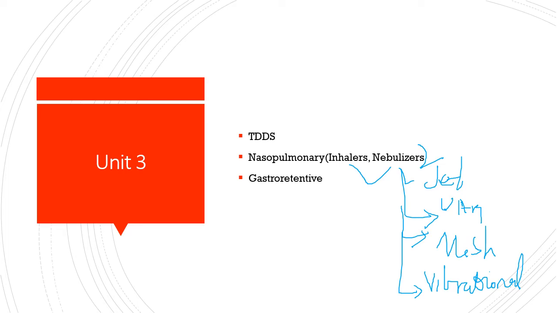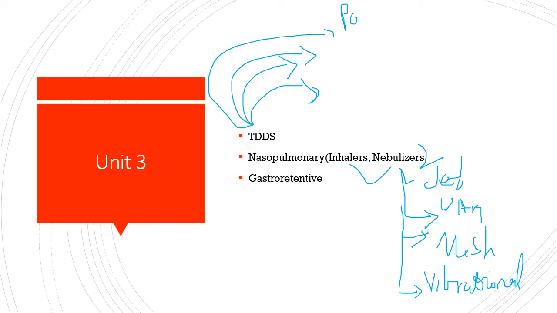In transdermal drug delivery system, you basically have to study about few of the formulation approaches. You have polymer membrane mediated, adhesion mediated, reservoir mediated, but you only have to study about polymer membrane mediated. So focus on this polymer membrane mediated only.